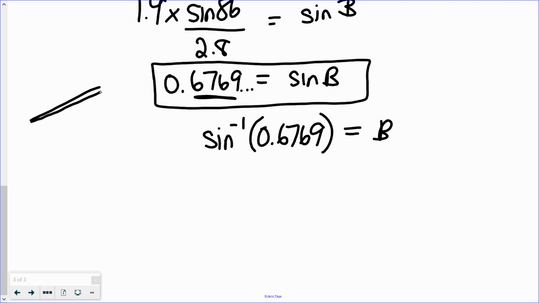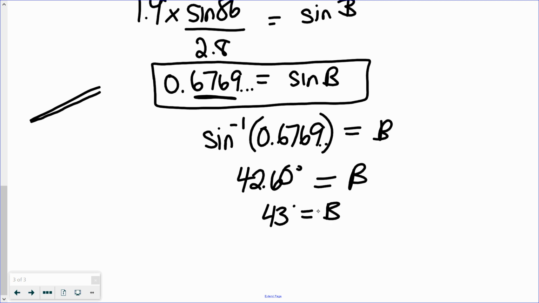You need to use your inverse sine. When you punch that through, again, keep more decimal places if you want. We get 42.60 degrees is equal to angle B. I think I rounded this to 43 degrees is equal to angle B.